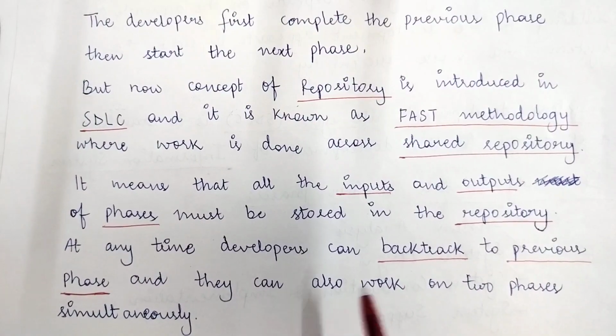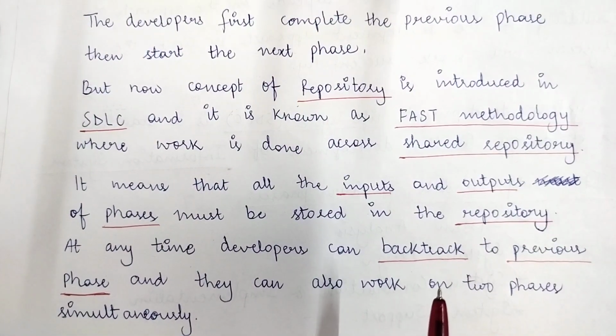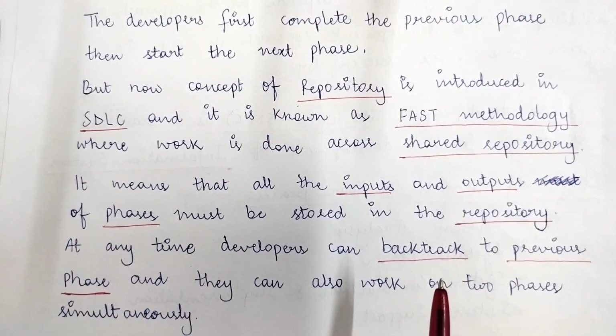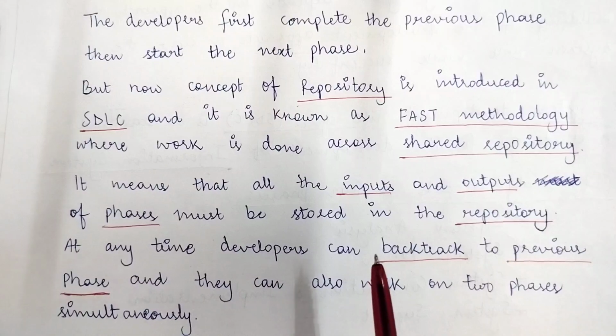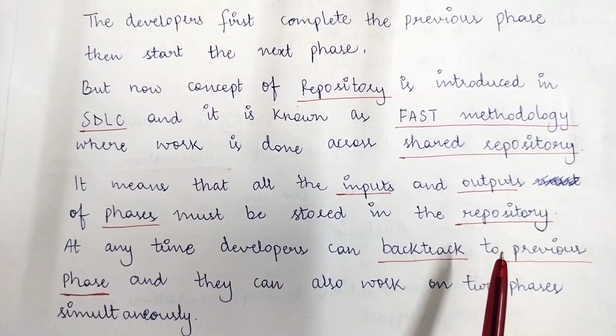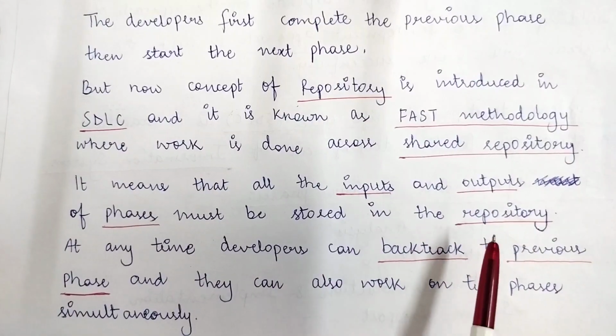So that is the reason that the current SDLCs are not that strictly sequential, though it is always preferred that a sequence is followed while designing systems using SDLC. But even a little bit of sequencing here and there would not matter, because at the end you have all the inputs and outputs from different phases stored in the repositories.